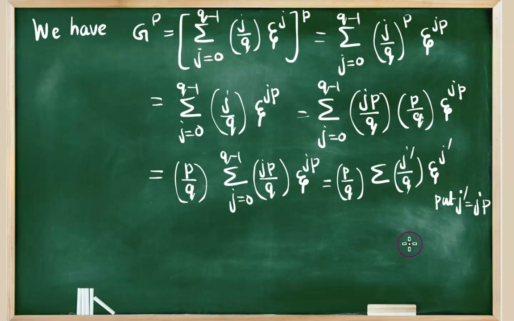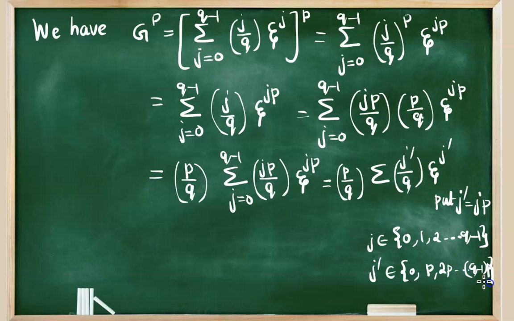and here, since j varies from 0 to q minus 1, j dash, which is equal to jp, will vary from 0, p, 2p, etc., up to (q minus 1) into p. But we know that the two sets are complete sets of residues modulo q.